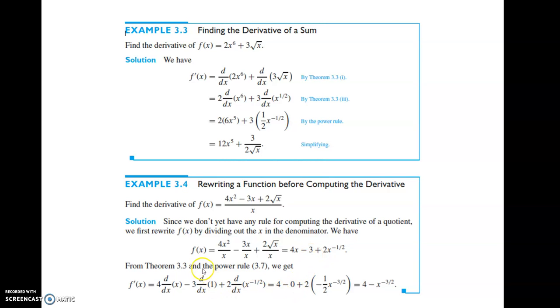And here the 2 comes out and the derivative of the inside is 1. For the power rule, r x^(r-1), that is minus half minus 1, so minus 3/2. I can simplify: the minus into minus gives plus, the 4 and this 2 cancel, so the answer is 4 minus x to the power 3/2.